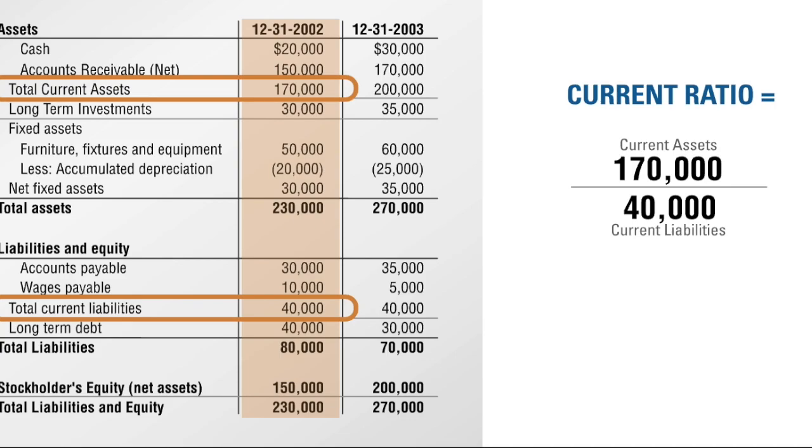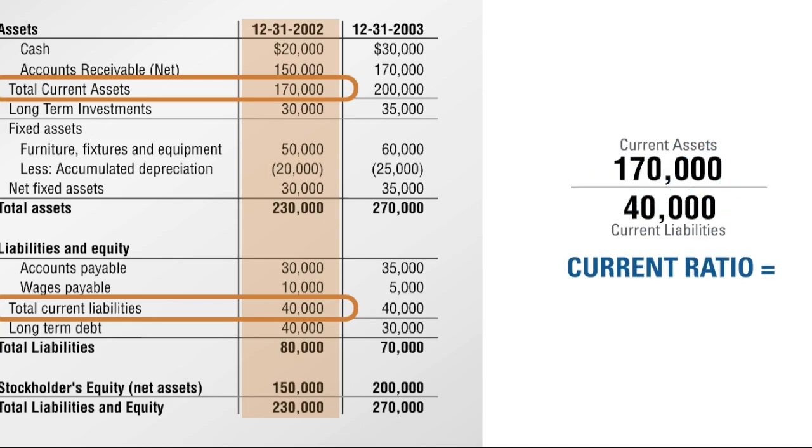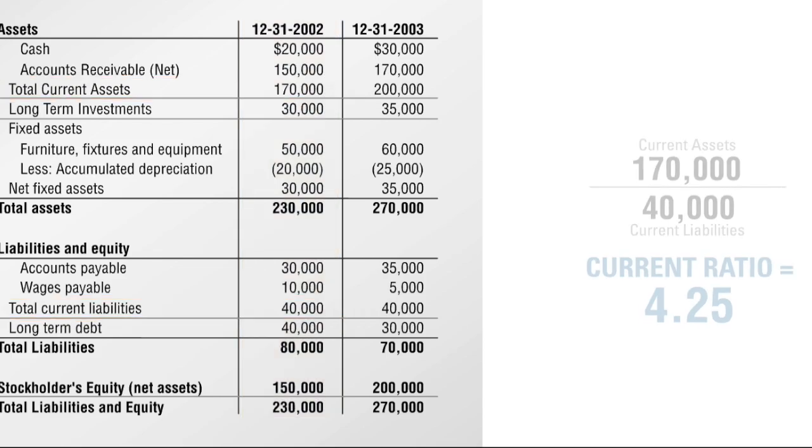When you divide the total current assets by the total current liabilities, you get a result, or current ratio, of 4.25. This is good news. Generally speaking, a ratio greater than 1 indicates that the group has sufficient cushion to meet its short-term financial obligations. A current ratio lower than 1 could be an indication of short-term difficulty in meeting financial obligations.